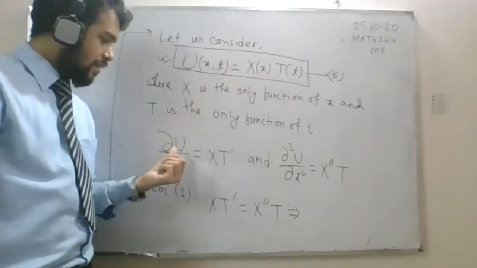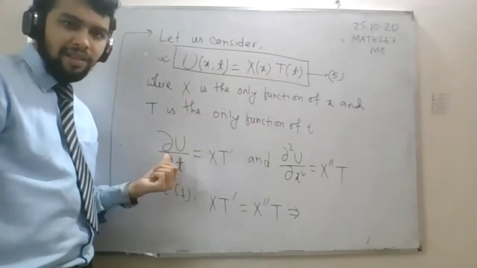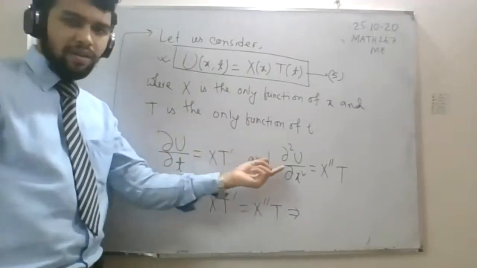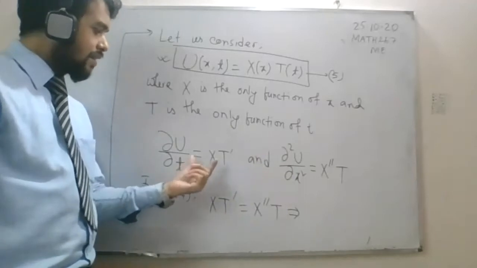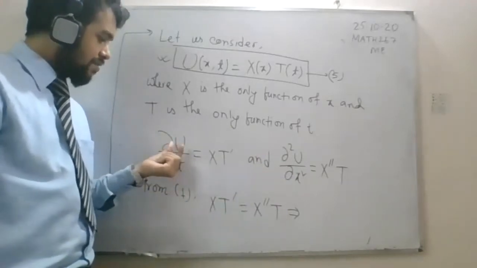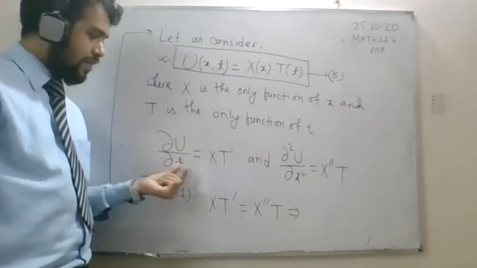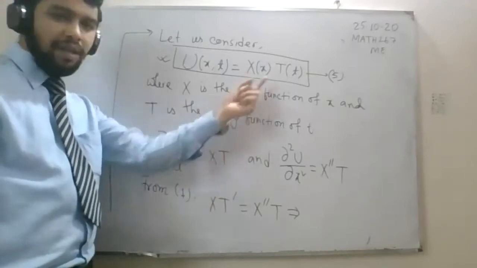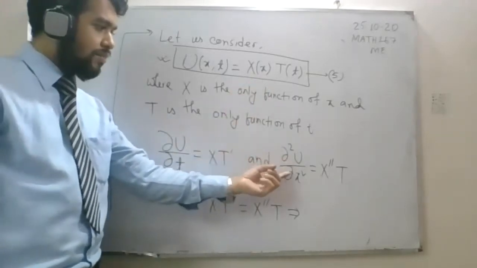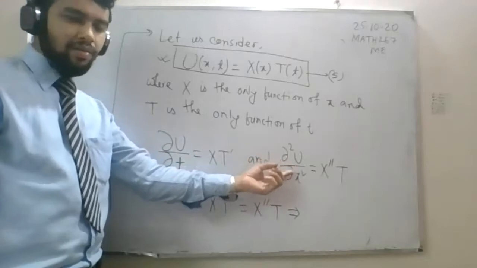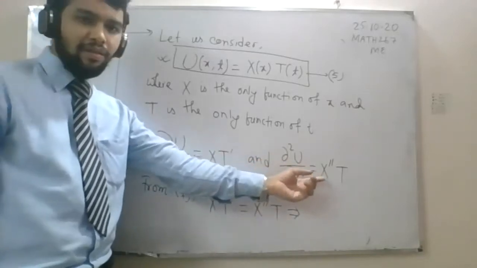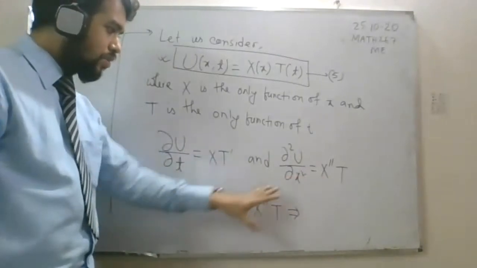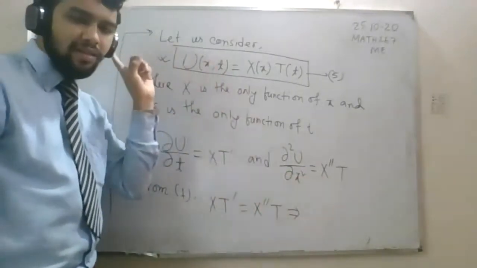Now your given equation is del u by del t equals del square u by del x square. Okay. So here if you partially differentiate u with respect to t, you can get XT prime. And also you have to differentiate u with respect to x two times partially, you can get X double prime T. Now just put those things in your equation 1.